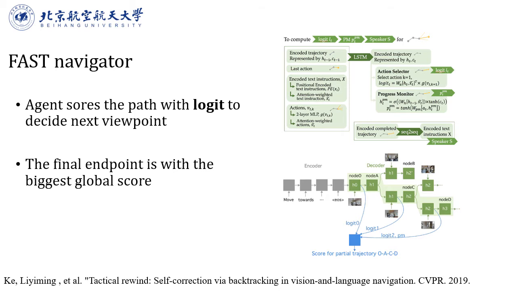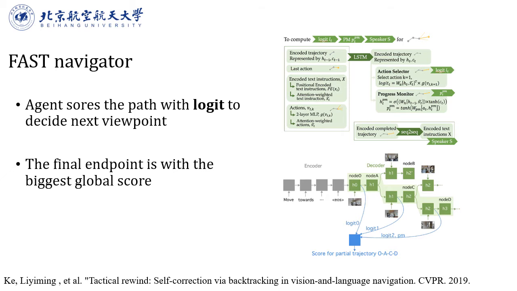The local score represents the confidence of choosing the trajectory from the start viewpoint to this viewpoint. At each time step, it will go to the viewpoint with the highest logit, which is the local score, to extend the path.